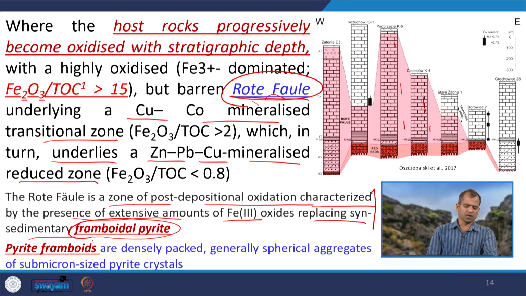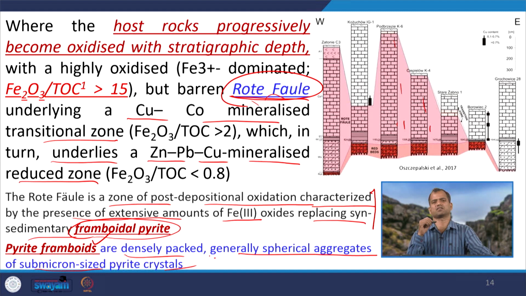And pyrite framboids, what are those? They are densely packed, generally spherical aggregates of submicron size pyrite crystals. Once this is oxidized it gives rise to Fe3 oxides, and due to the presence of Fe3 oxides this color changes and these oxidation signatures are shown in the field. So, this is called the Rote Fäule zone.